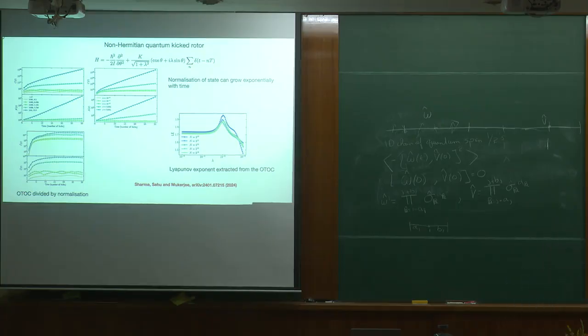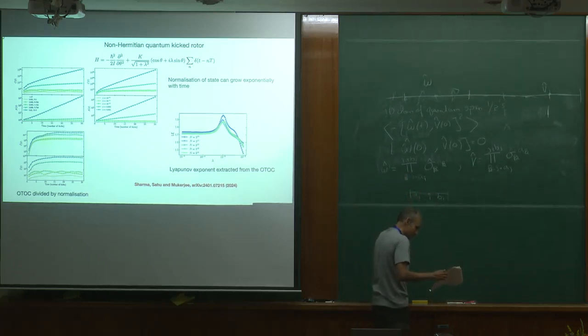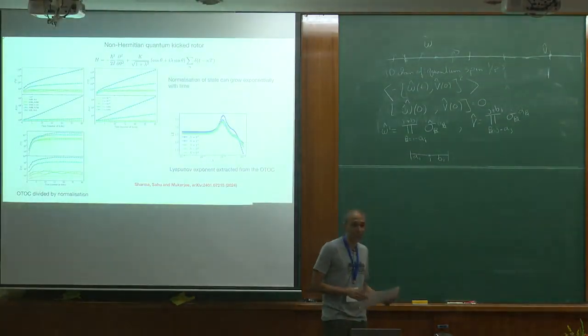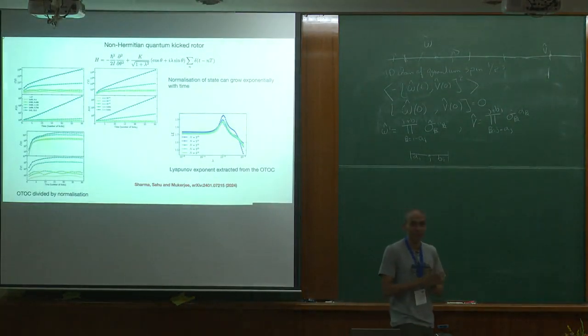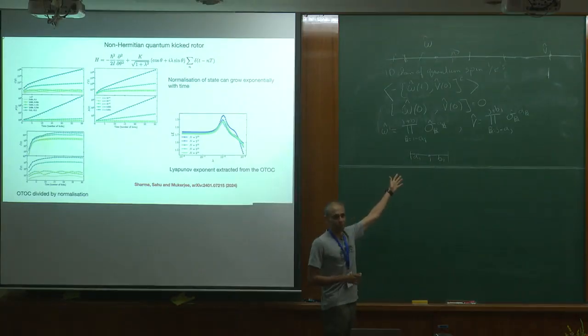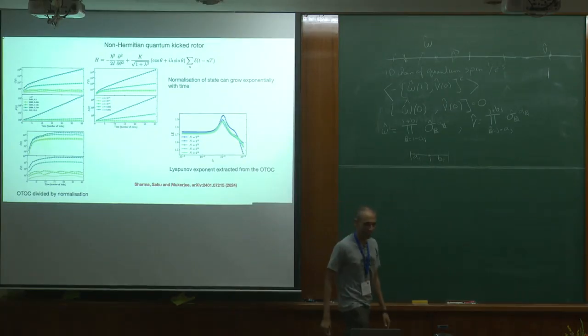Okay, so this is the kind of W operator and V operator that we're going to look at. A very convenient thing about them is that not only are they obviously Hermitian operators, they're also unitary operators.